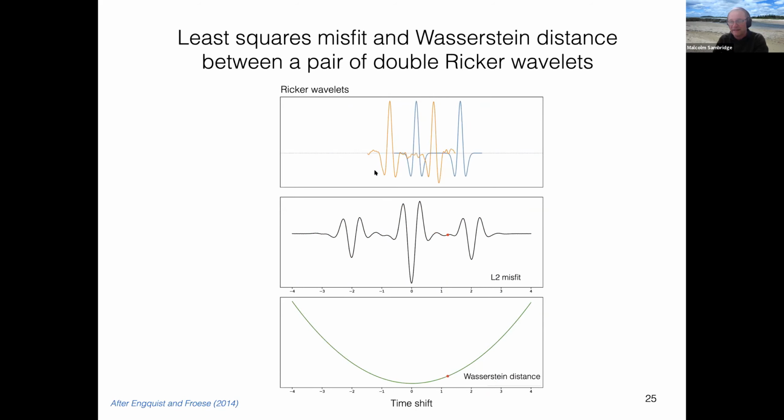And the Wasserstein distance, calculated in the way I've just described, is perfectly quadratic for this problem. This has been demonstrated previously by Engquist for a different formulation, and we're checking that it works for ours, and we're very happy. The multimodal misfit function in the middle has become a single quadratic at the bottom.